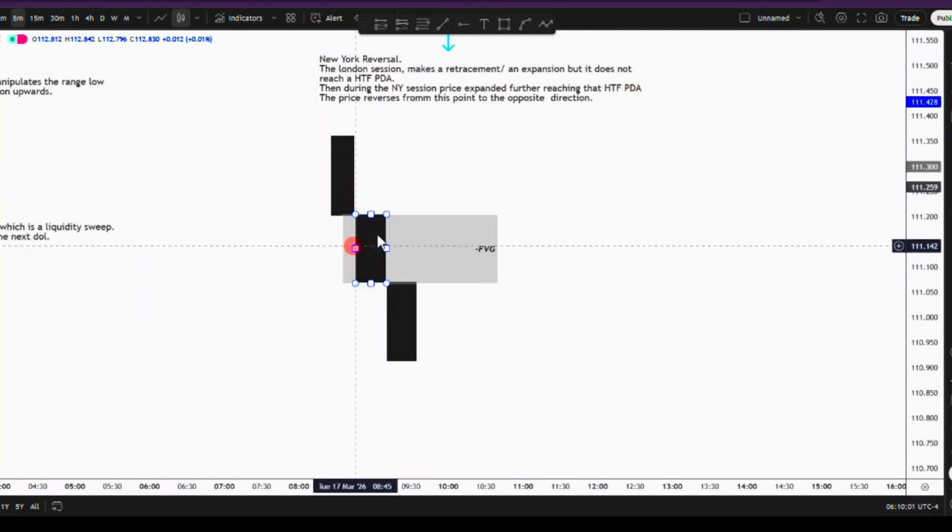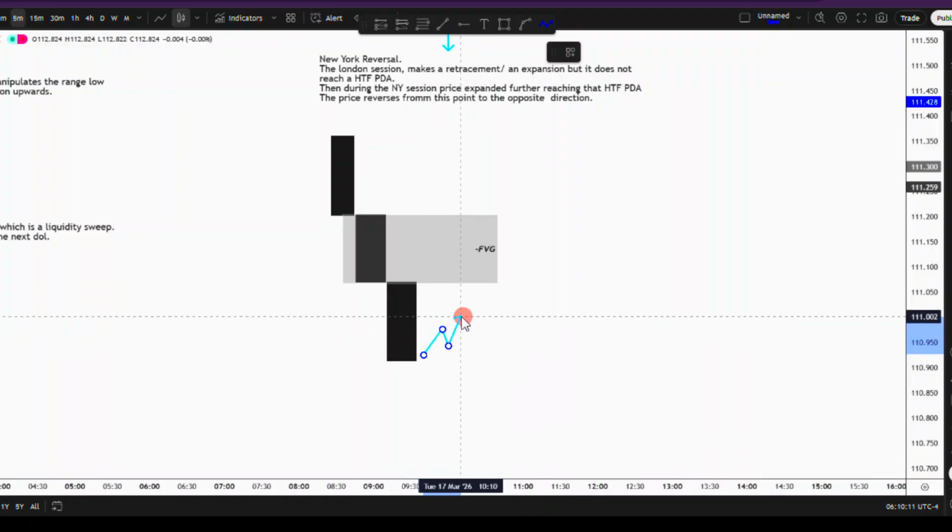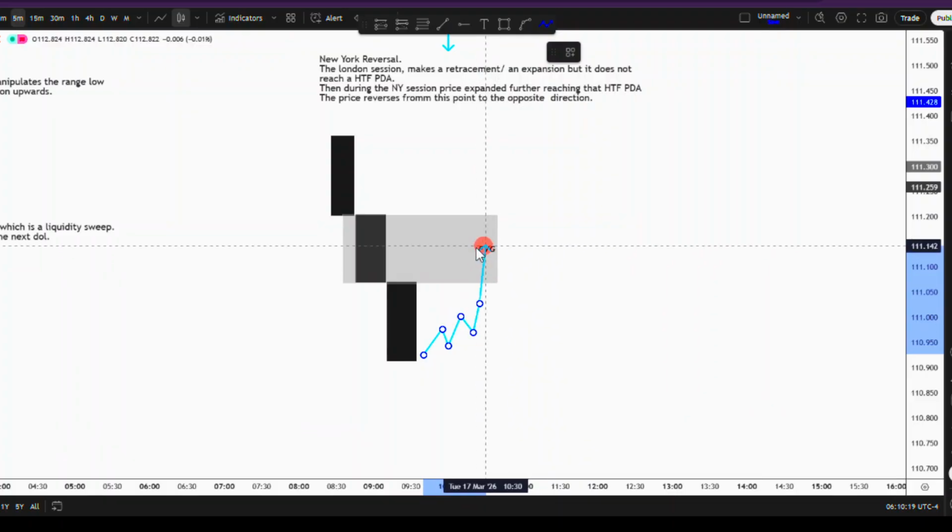Now from a daily perspective, today we go lower to the 1 hour. On our 1 hour, we expect during London price to continue higher. This is a 1 hour candlestick, but the London session ended without engaging this higher time frame PDRA level.